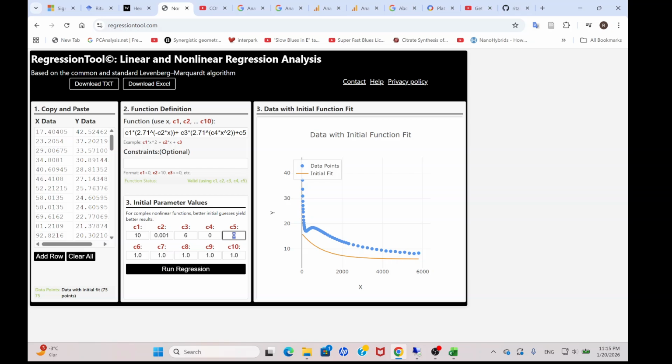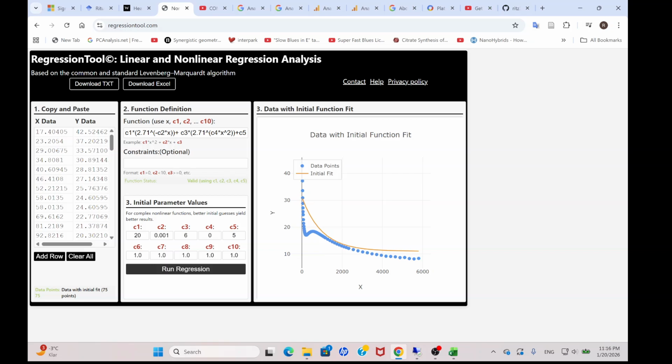And C5, I think C5 maybe something close to here. Maybe I will take 7. Or 7 is too much. 5. Okay. Maybe 10, I will make it 20. Yeah. Now it looks like it's not really following the shape, but at least both the graphs are there, and probably it will give us a good regression result.